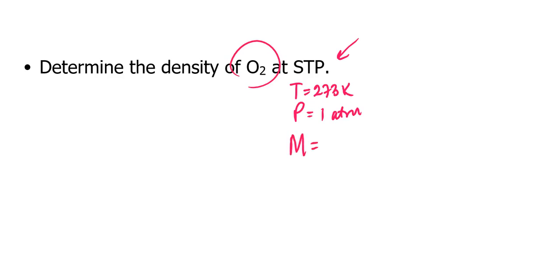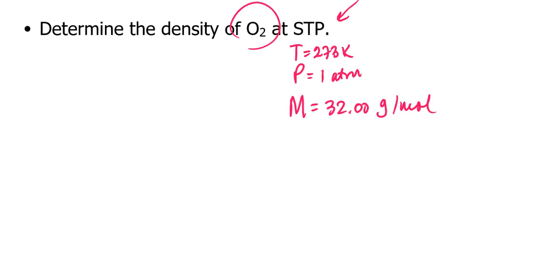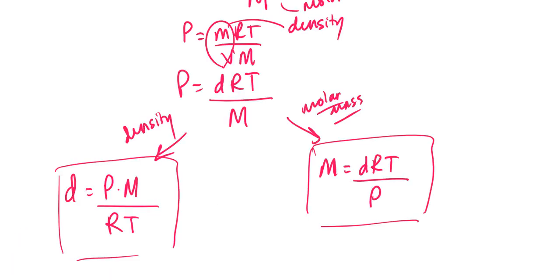The molar mass of diatomic oxygen is 32 grams per mole. If you recall, if I want the density, that's the pressure times the molar mass divided by the ideal gas constant times the temperature, based on our derivation on the previous slide.